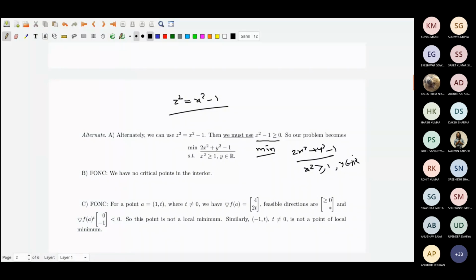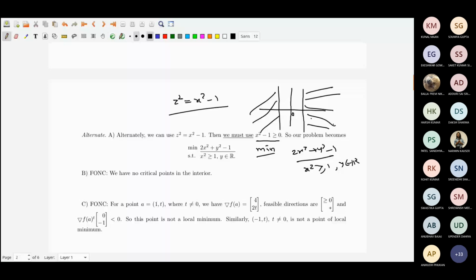Now in that case my feasible region is becoming the shaded region, that is, the region lying to the right side of the line x equal to 1 and to the left side of the line x equal to minus 1.